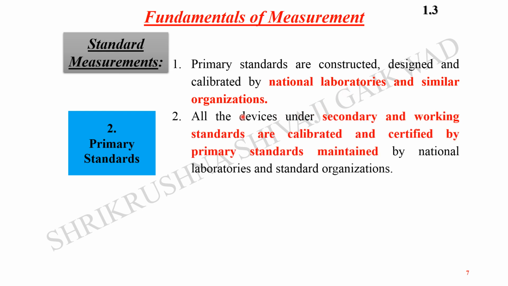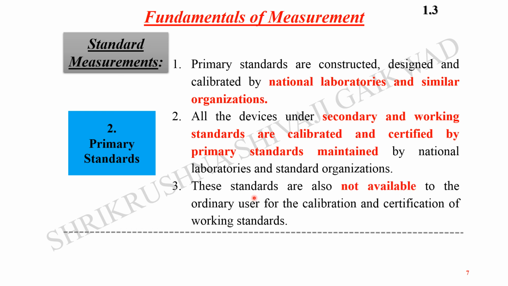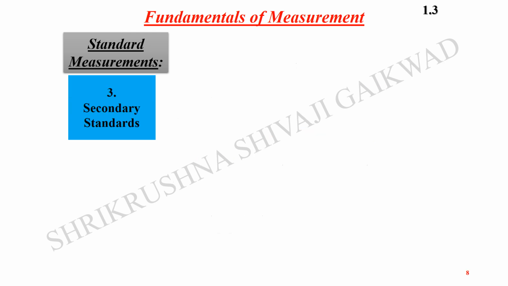All the devices under the secondary and working standards are calibrated and certified by the primary standards maintained by national laboratories and standard organizations. These standards are also not available to the ordinary user for calibration and certification of working standards. Generally, they are available to some companies for the calibration of instruments.